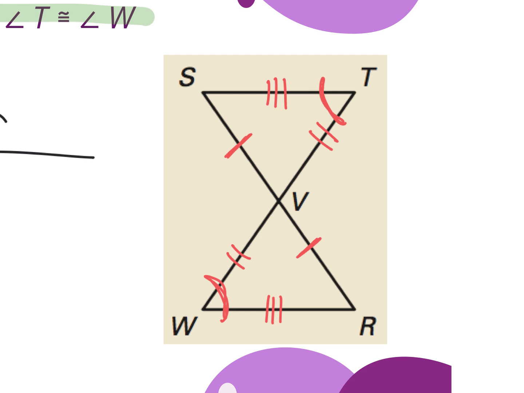I mean, yes, but we took care of that by saying that these segments were congruent. What else can I say is congruent? The vertical angle is congruent. Are vertical angles always congruent?